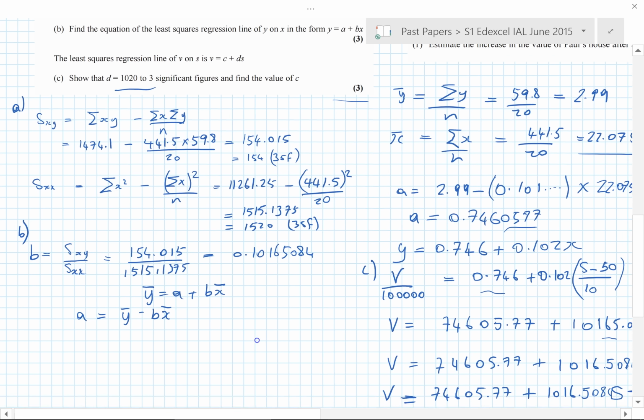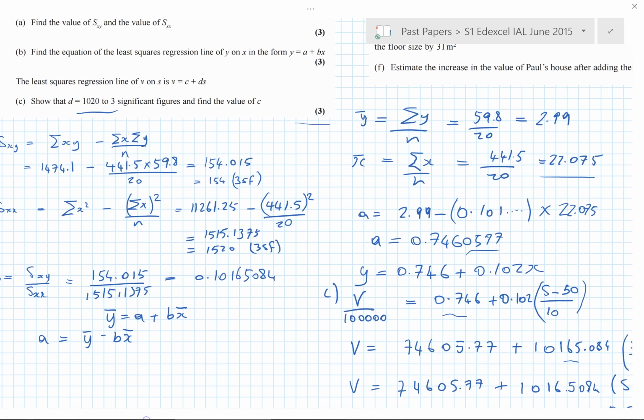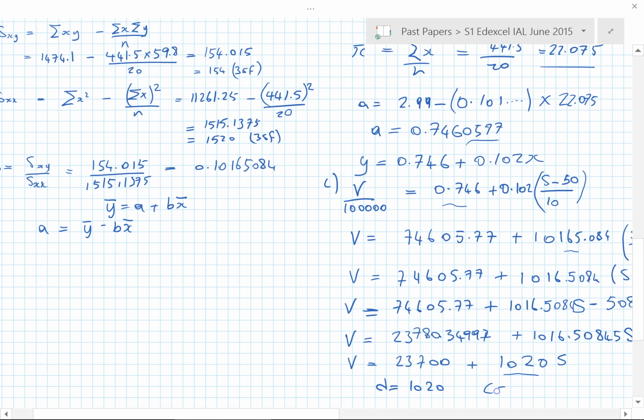So D equals 1020, because that's the coefficient of S, and the other symbol is C. C is equal to 23700. Okay, so that's that question done.